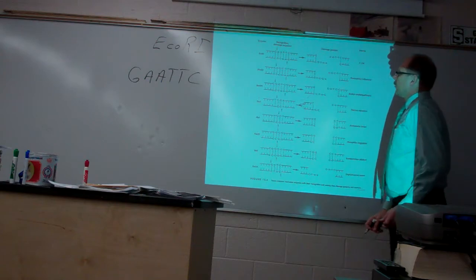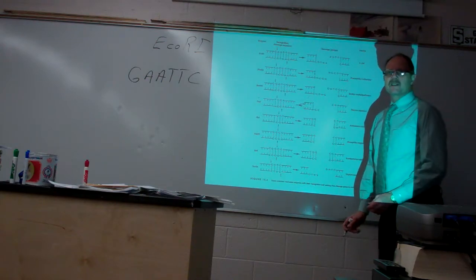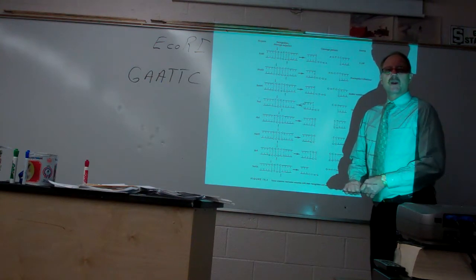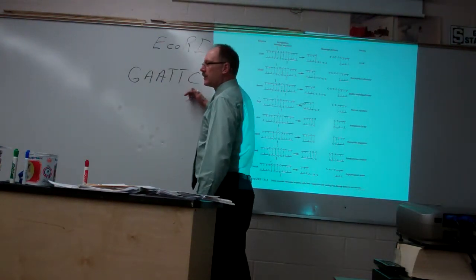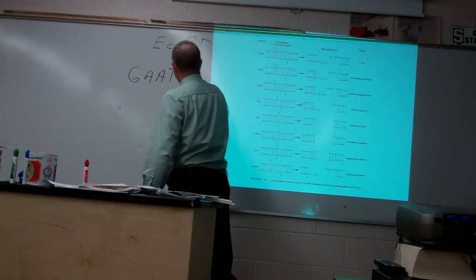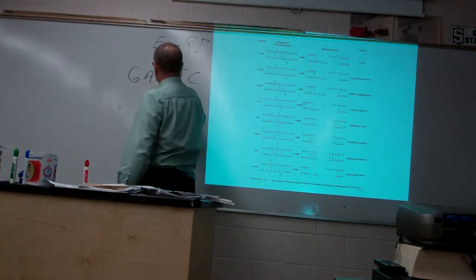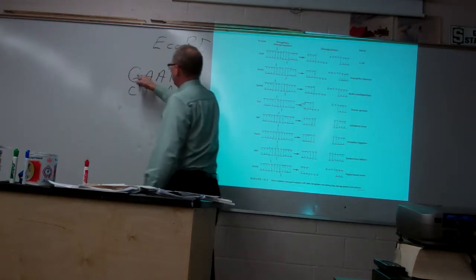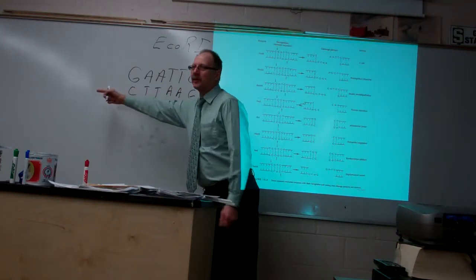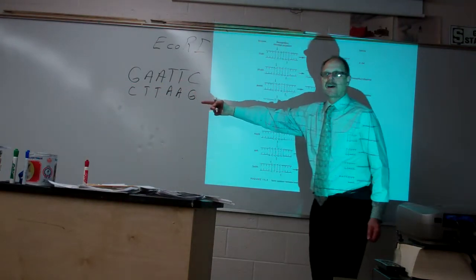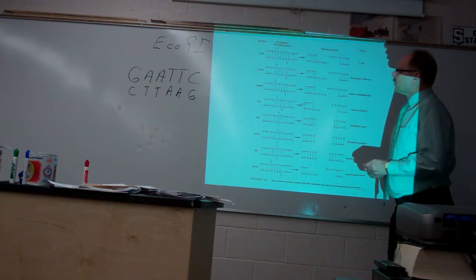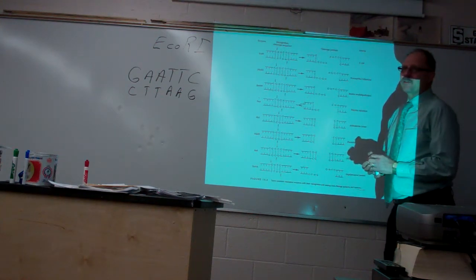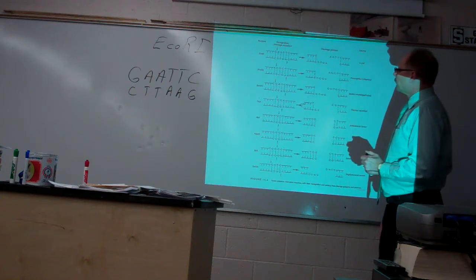Not only that, most of these restriction enzymes recognize palindromes, which means that the antisense strand is also GAATTC. So you read this one that way and you read the same one that way. Not all DNA is like that. Palindromes aren't that common. So EcoR1 looks for a palindrome, and that's the palindrome.